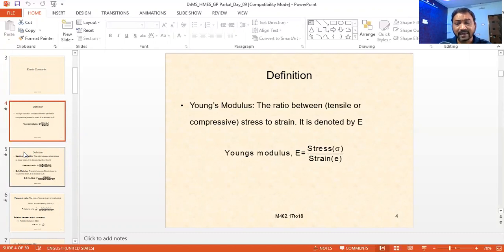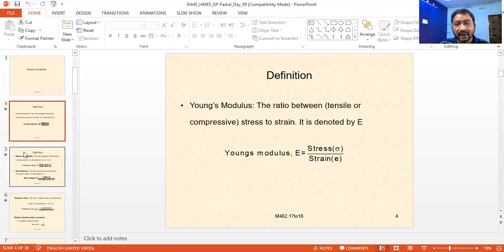So Young's modulus can be defined as the ratio of the tensile or compressive stress to the corresponding strain. That means whenever a body is subjected to a force along its length, that is the axial direction.